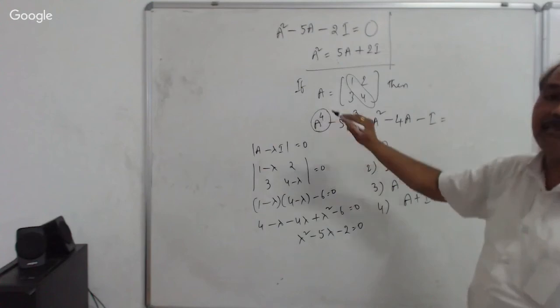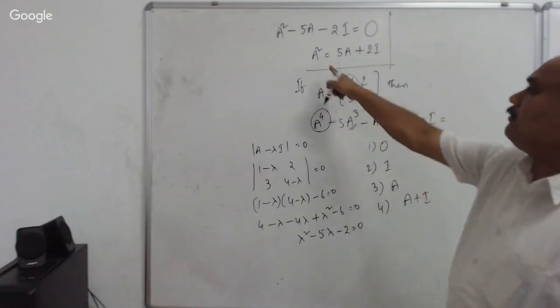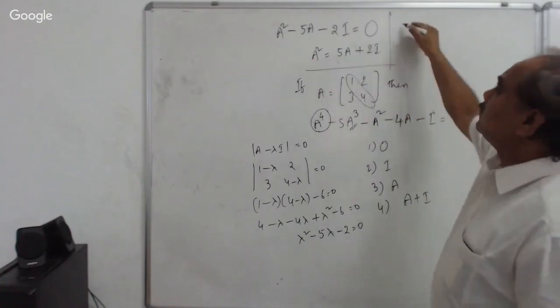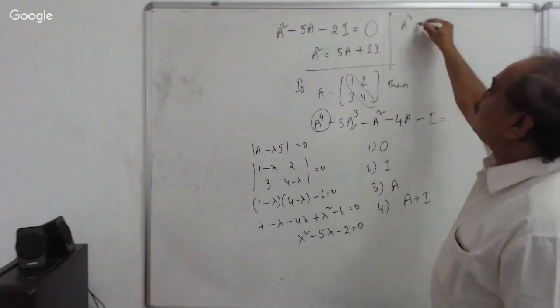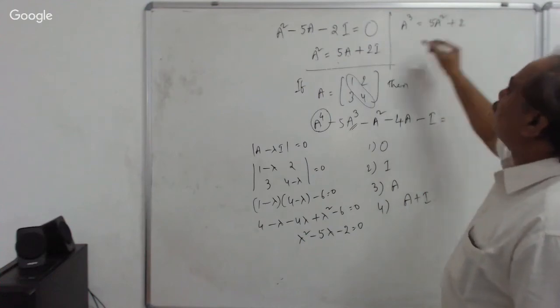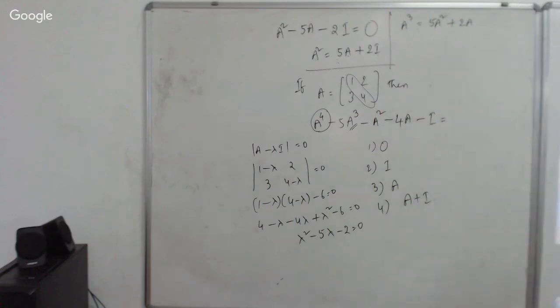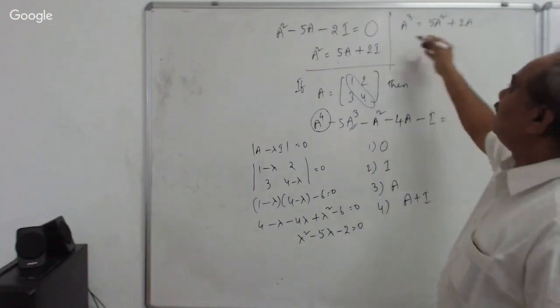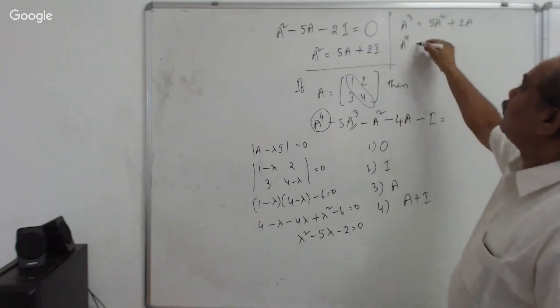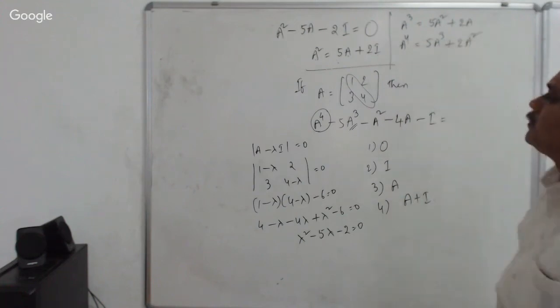Because we require A power 4 and also A cube. Multiply with A, we get A into A square, A cube equal to 5A into A square plus 2I into A. Now again multiply with A on both sides, A power 4 equal to 5A cube plus 2A square.